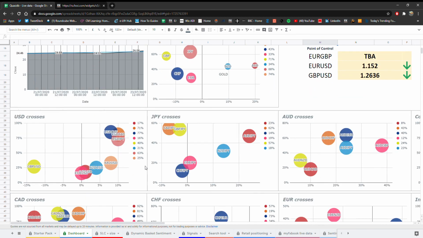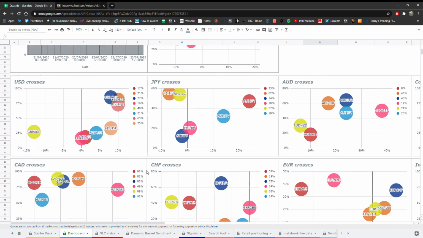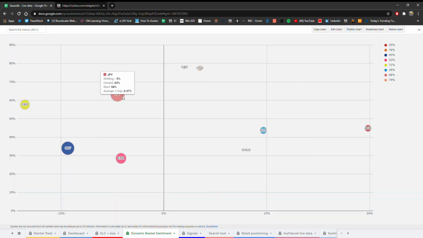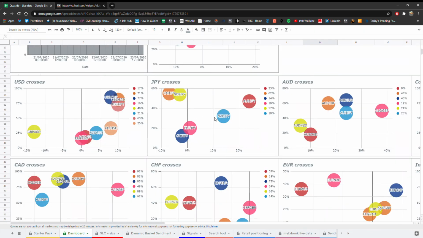So the new addition was really the breaking down of the bubbles, because what this is here, these are the baskets. So the yen is large, right? And so we should see that being reflected on the dashboard. So that's the yen. So if it was up here in strong sell, then we see the yen basket.